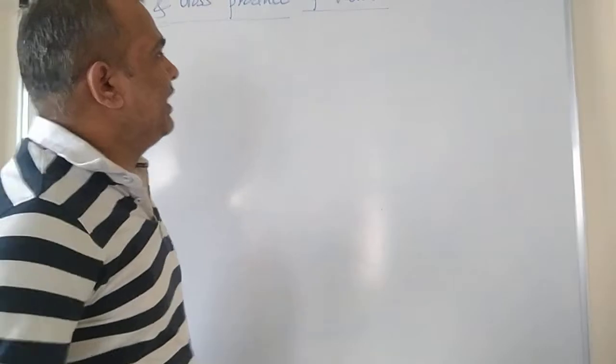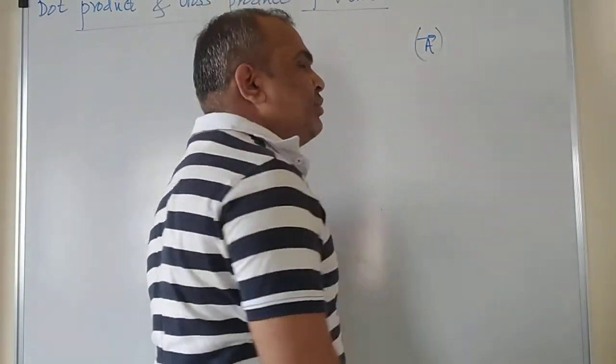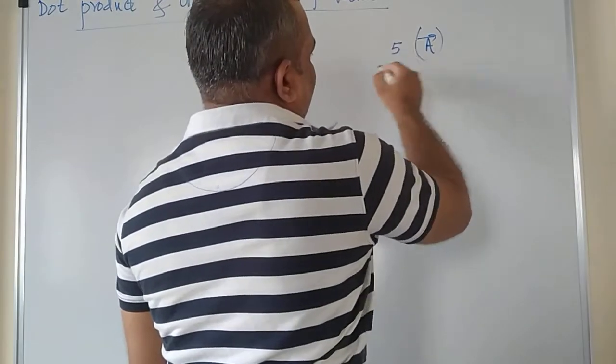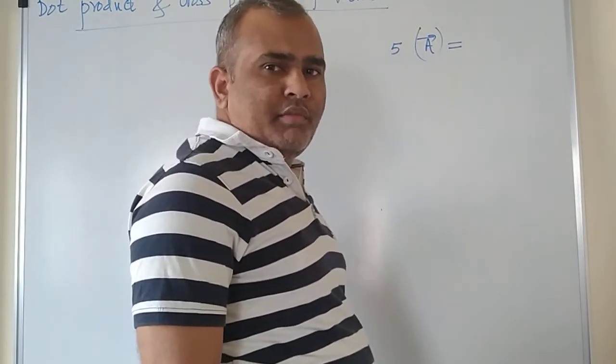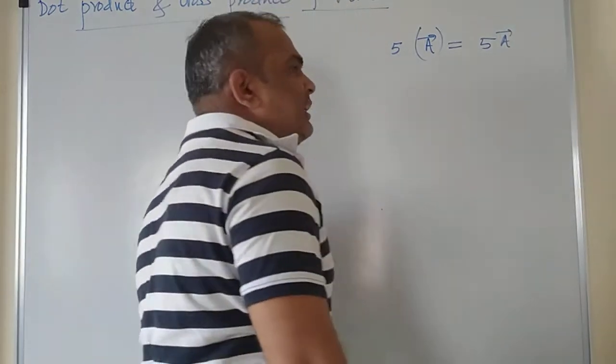Now, suppose there is a vector. Suppose a bar is a vector you have, and if you multiply this vector with a scalar, suppose 5 is a scalar, multiplication of a vector by a scalar is easy because you are directly multiplying by that scalar.